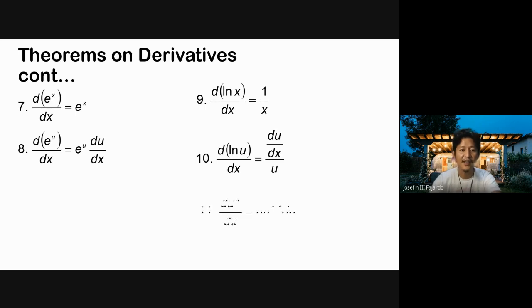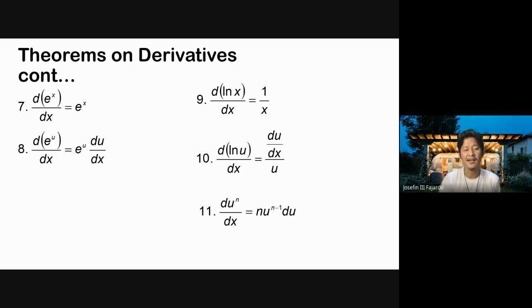So, theorem number 11 is the generalized power formula wherein what if your base is not anymore x? Di ba yung rule number 2 natin kanina, yung base natin ay x. What if yung base natin is an expression in terms of x? Kalimitan ito, ang tawag nila dito chain rule. Pero ang chain rule kasi it is based on the composite function.